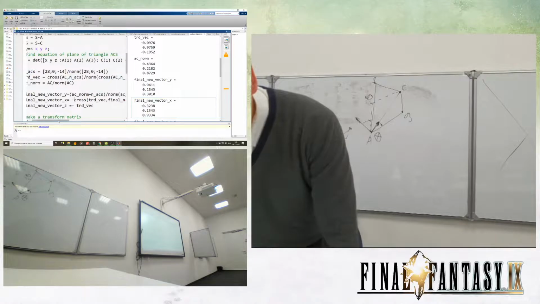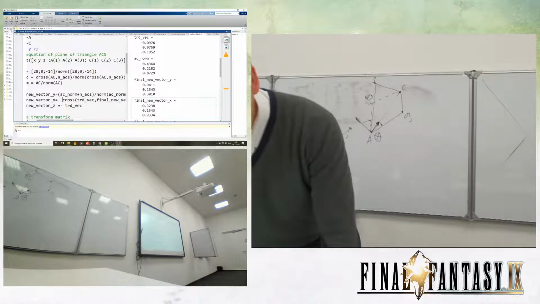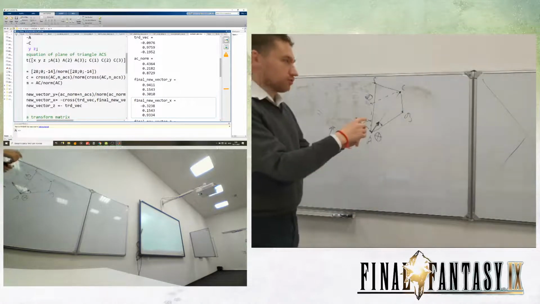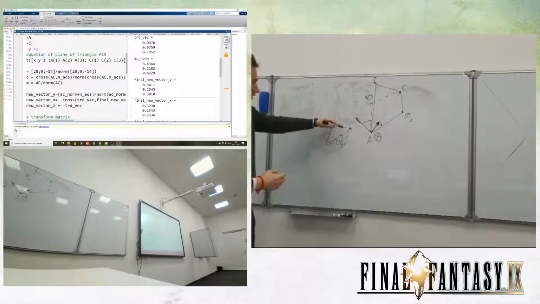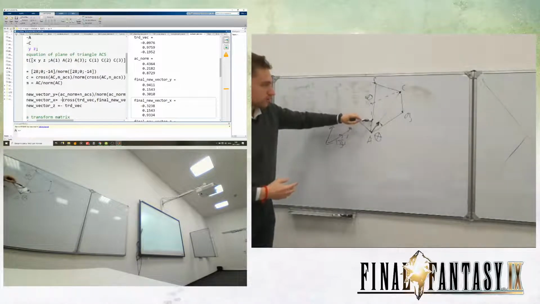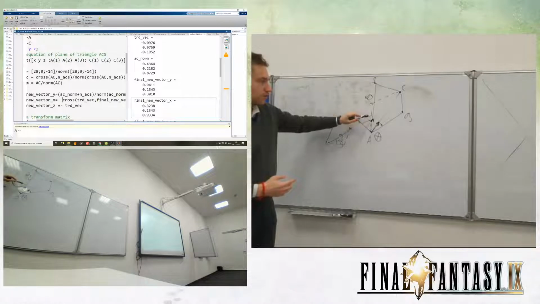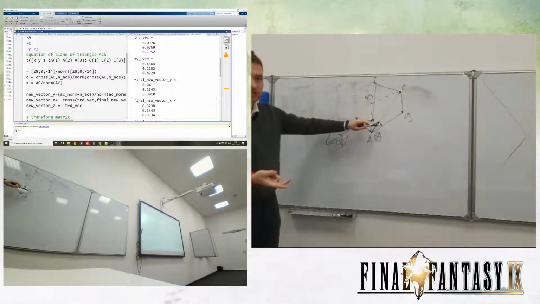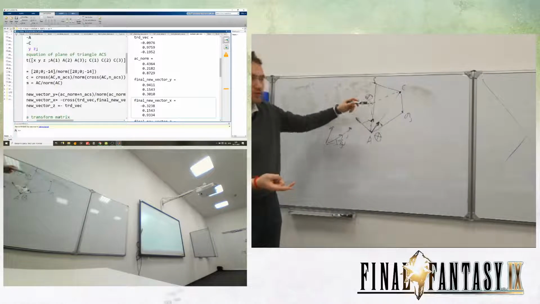After this, I took a cross product because I was too lazy. What does it mean? I find this one. We know that between this one and this one there should be 90 degrees. In a rhombus, between AD and AB.